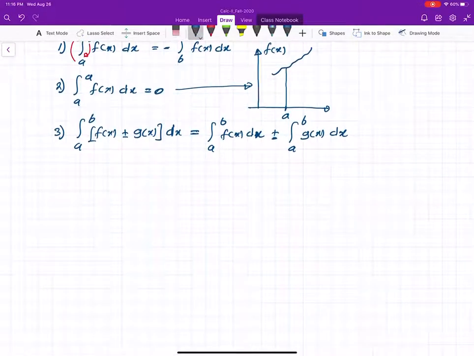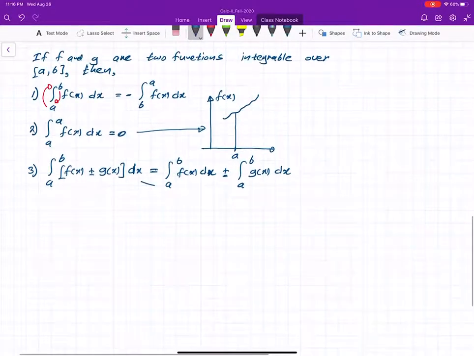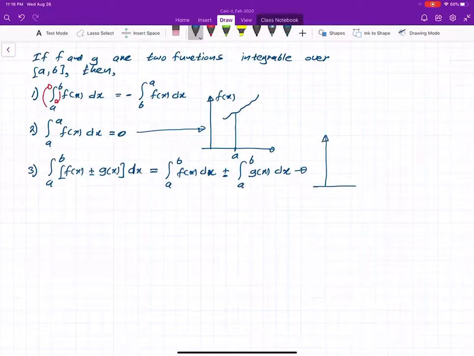All right. Go to property 4. Or if you need to explain this by the area example, that is easy. This is same as, let's say you have this curve, this function, which is f, and you have that function. Let me make this a little bit bigger.